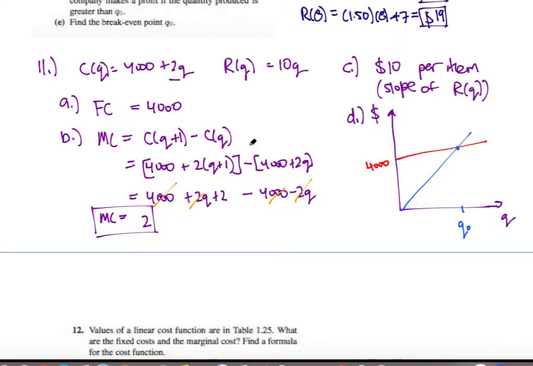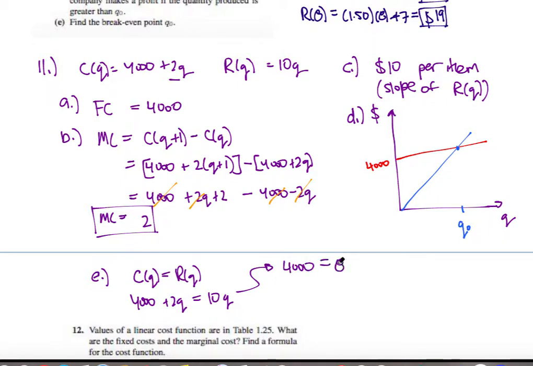Our break-even point is when our cost function is equal to our revenue function. So we're going to set C of Q equal to R of Q, which is 4,000 plus 2Q equals 10Q. I'm running out of room here. I will subtract 2Q from both sides, so that gives me 4,000 equal to 8Q.